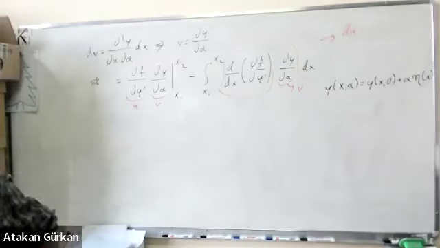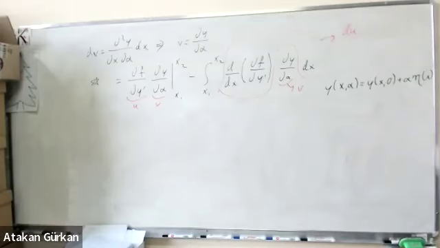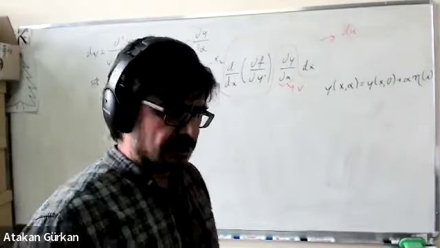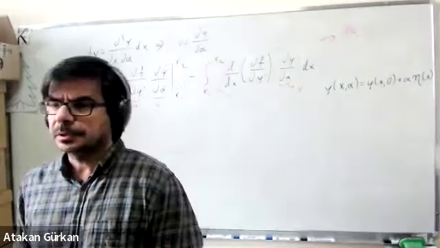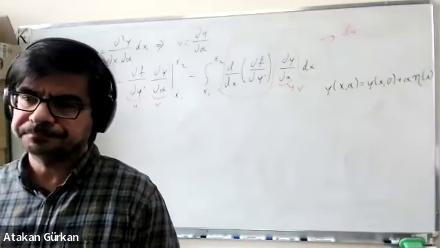Alpha is not 0 at the endpoint. Alpha is not a function of time. In this case, alpha is not a function of x. It's just a small parameter. It's not a function of anything. But you're on the right track. It has something to do with the property of this deviation at the endpoints.